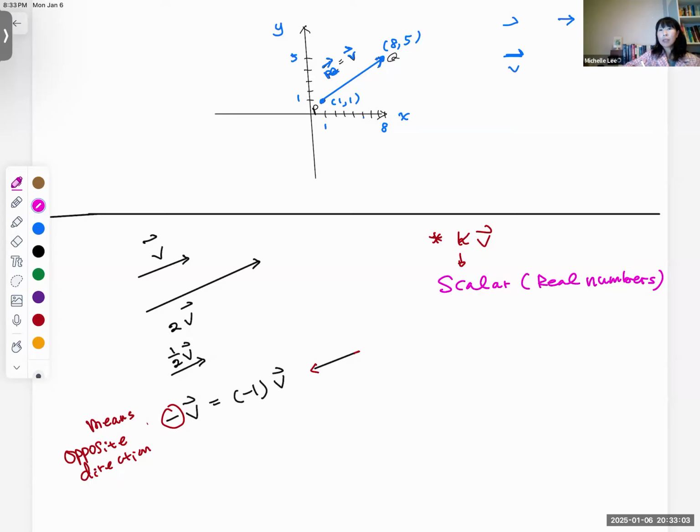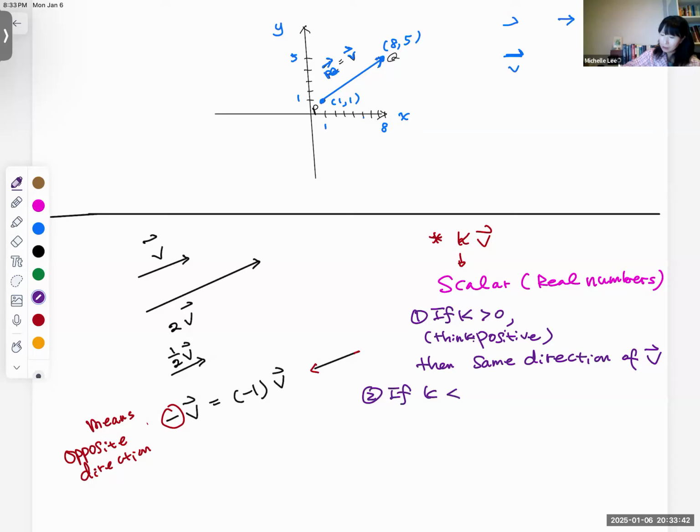We have that if k is greater than 0, that means positive. Let me write down here. Number 1, if k is greater than 0, think positive, then the same direction of vector v.